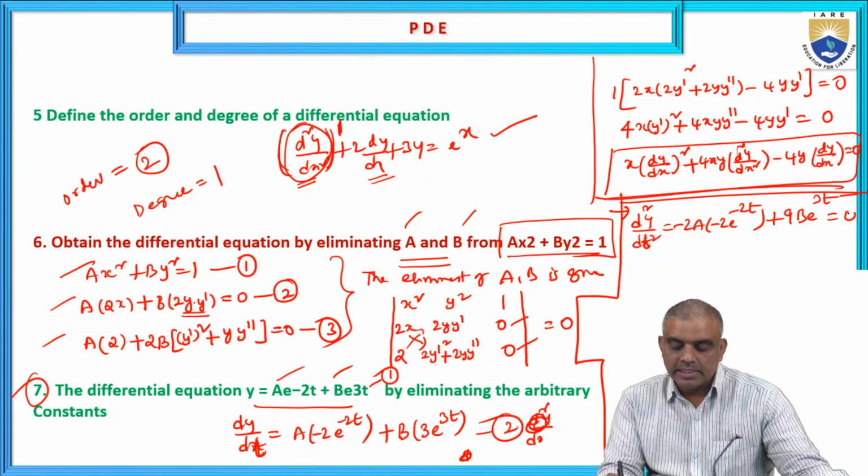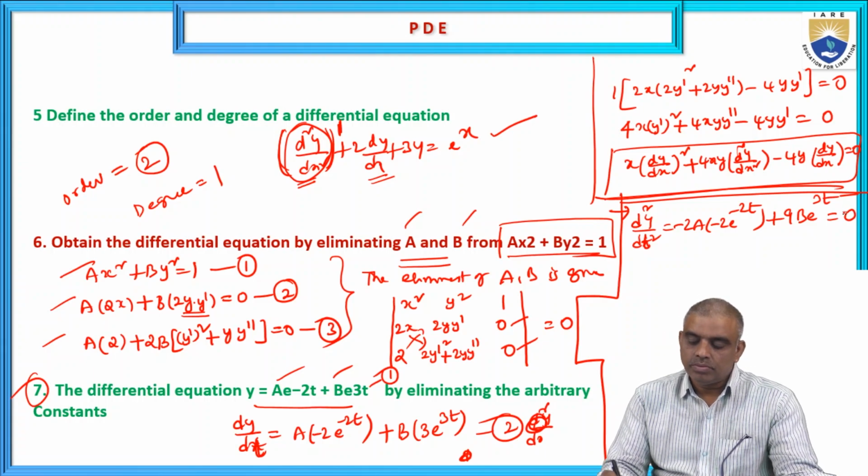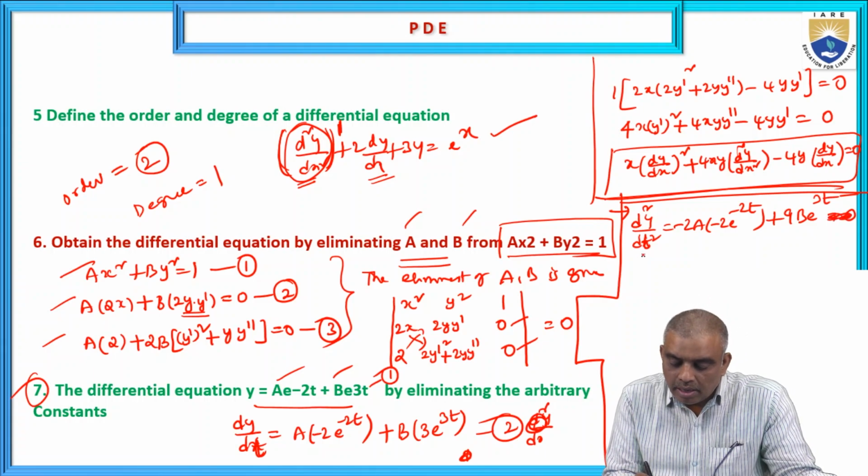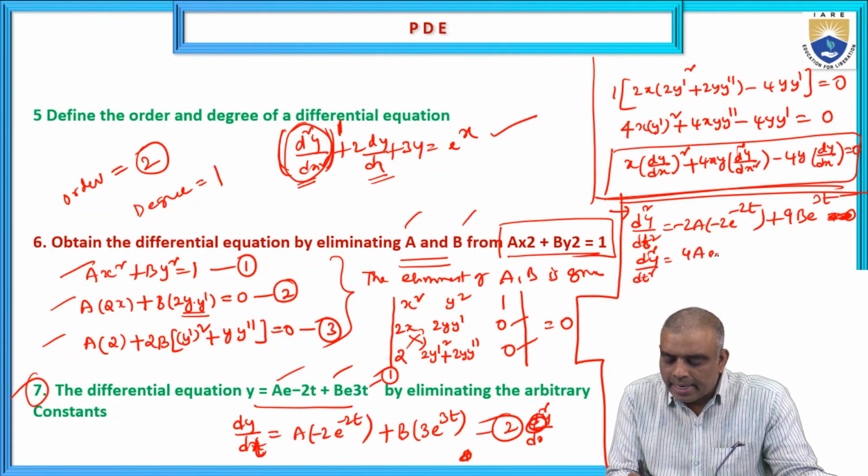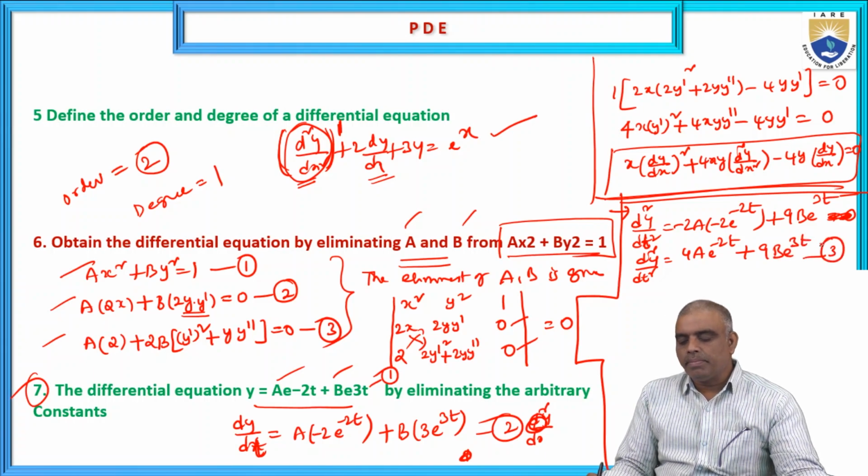So d square y by dt square is equal to 4a e power minus 2t plus 9b e power 3t, and call this equation number 3.